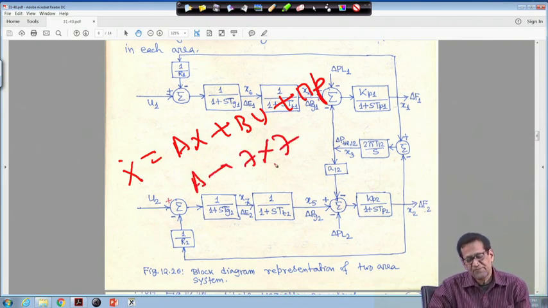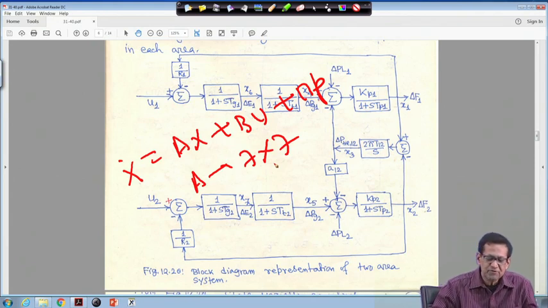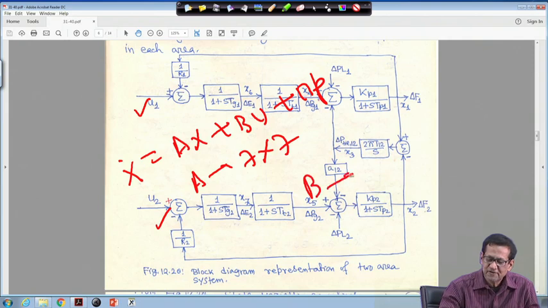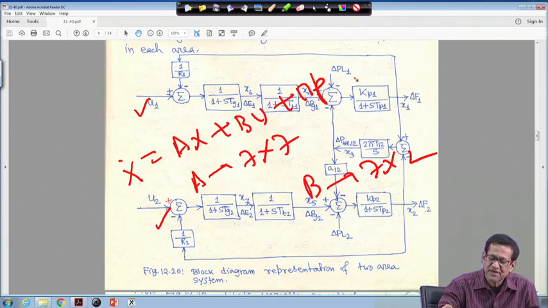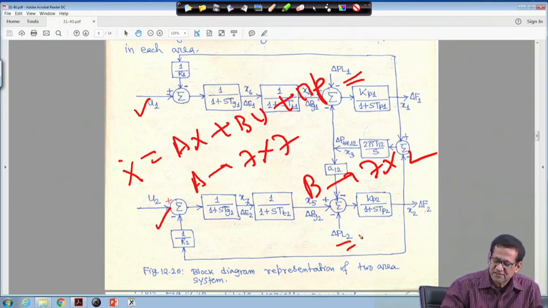For Bu there are 2 inputs, so B will be 7 by 2. And P is the disturbance matrix, with PL1 and PL2, so 2 disturbances. So P will be a 7 by 2 matrix.